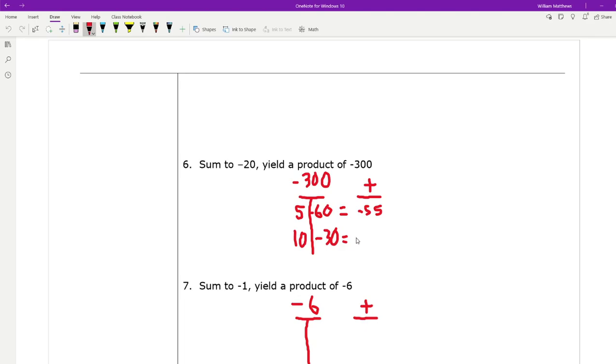And adding these together have a sum of -20. So in this case, if you are good with your multiplication, you can jump around on your factors of your product in order to make it easier to find the sum. You do not have to always go through every single one. And if you simply go too far, you can always go back, backtrack, and fill in again.